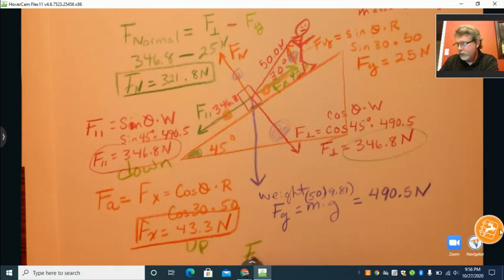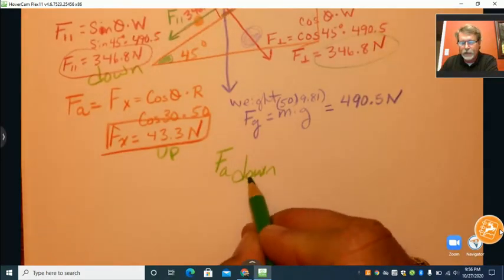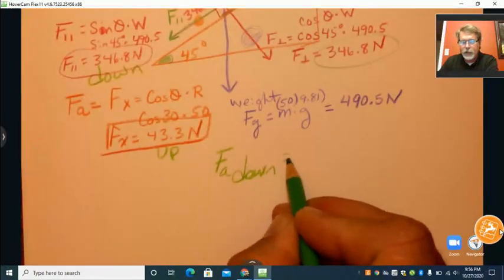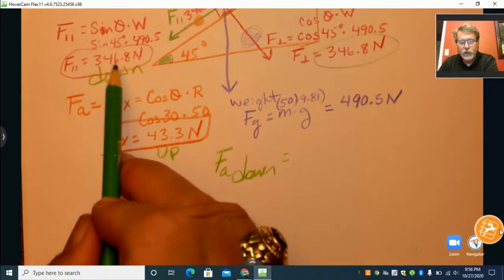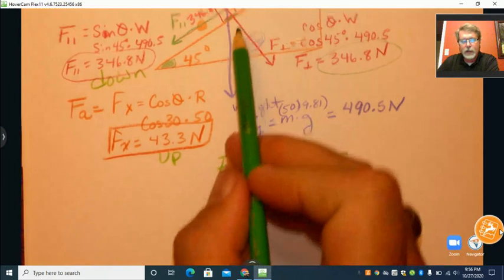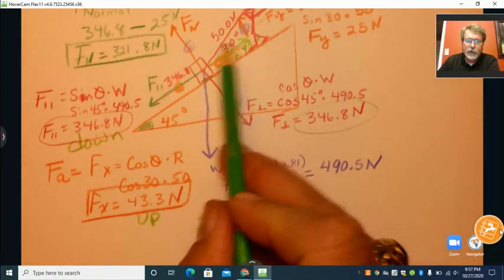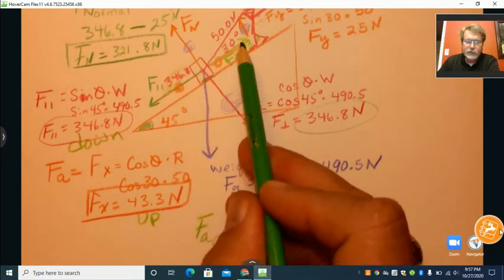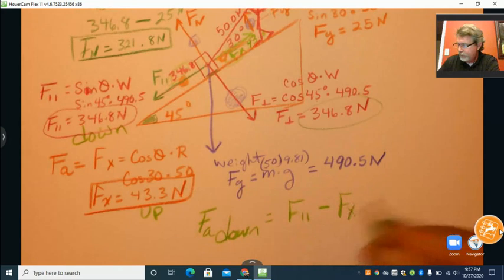So the force applied down the ramp equals gravity pulling it down, force parallel, minus the boy or person pulling the box up. Gravity pulling it down, the boy pulling it up, f of x.